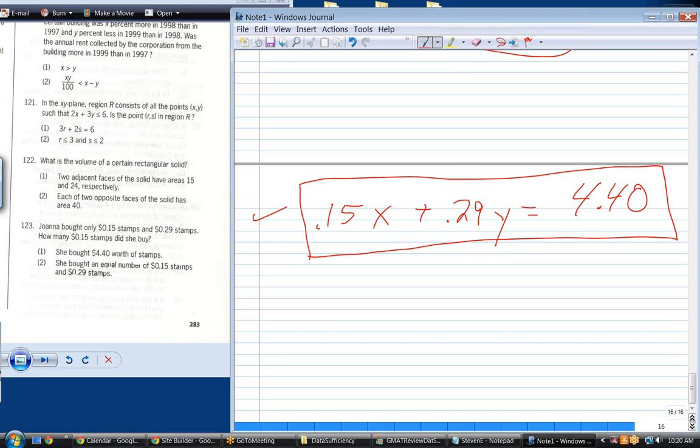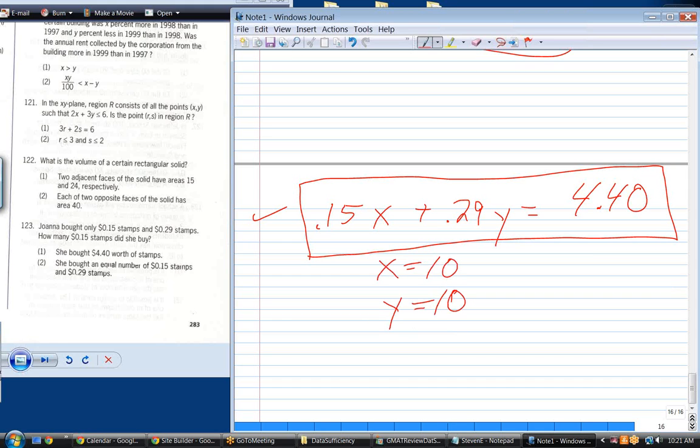And in fact, we can see that 15 plus 29 adds to 44. So certainly one solution is x equal 10, y equal 10. No kidding.